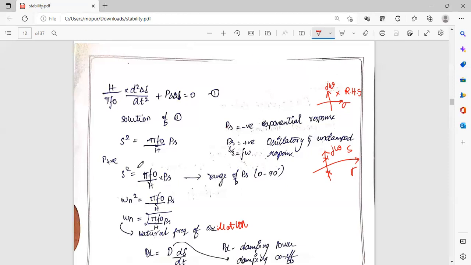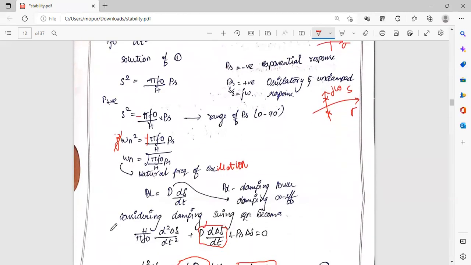The negative sign that we had here and j square equal to minus 1 cancel. So we get omega n square is equal to pi f naught by H Ps. Omega n is equal to square root of pi f naught by H into Ps. This omega n is the natural frequency of oscillation. The range of Ps is positive, lying between 0 to 90 degrees, with a maximum value at no load, that is del naught is equal to 0.